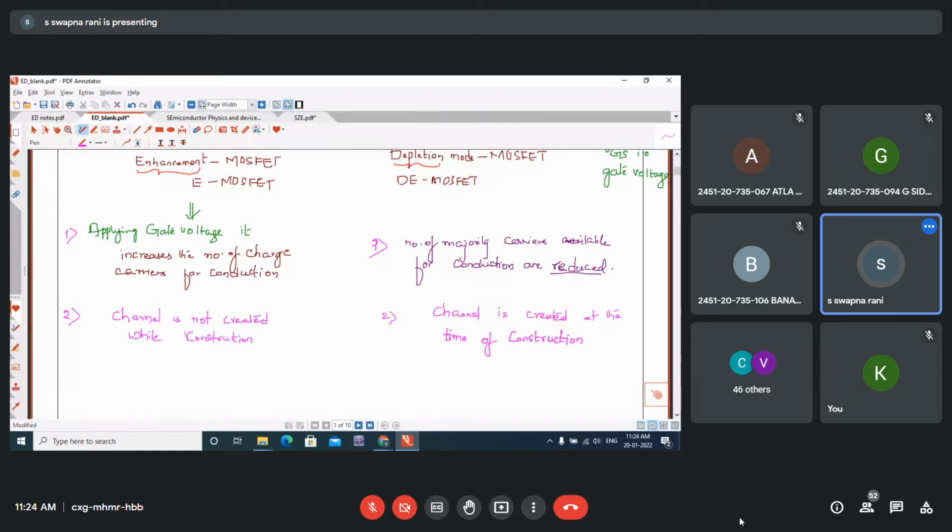While fabricating itself, the channel is diffused in the depletion MOSFET, whereas in the enhancement MOSFET the channel will not be there.